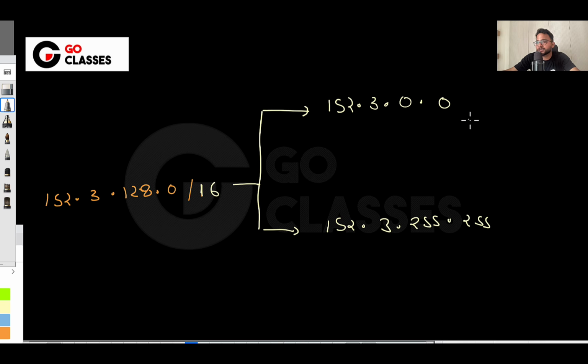This is the first address and this is the last address. We also call it the mask, which I will come to later, but the notation is /16, or the network ID is 16. Now, just notice that there are many addresses here. How many addresses? 2 power 16 addresses in between.